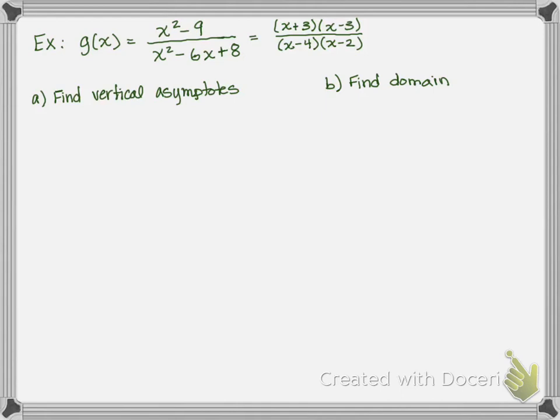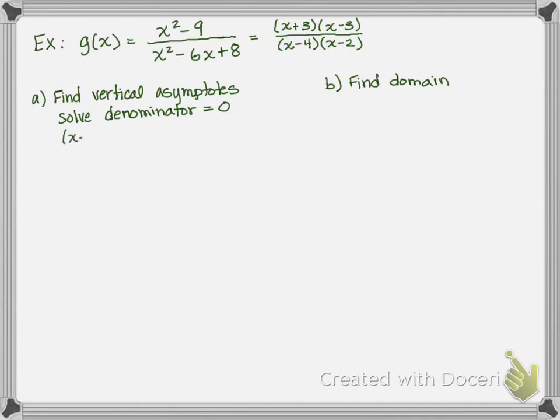The vertical asymptote occurs at the x values for which the function is not defined, which are the values that are not in my domain. So to find my vertical asymptotes, we always solve the equation denominator equals 0, because vertical asymptotes exist where the function is not defined.